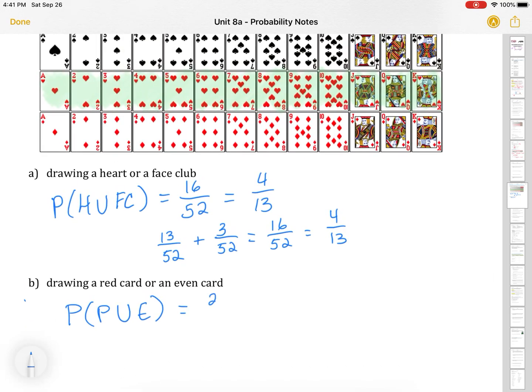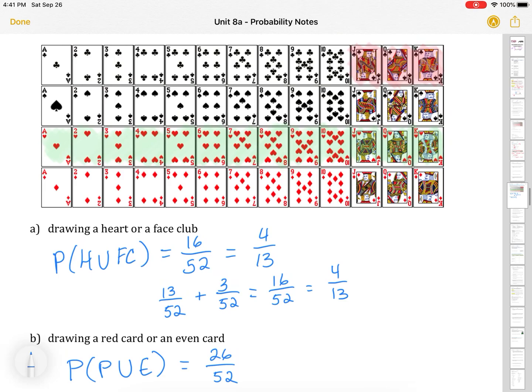Drawing a red card or an even card. So the probability of a red or even card. So let's think about that. Now I can shade them or I can just think about it. For red cards, I have 26 out of 52 red cards. And for even cards, I also have, well, what do I have for even cards?